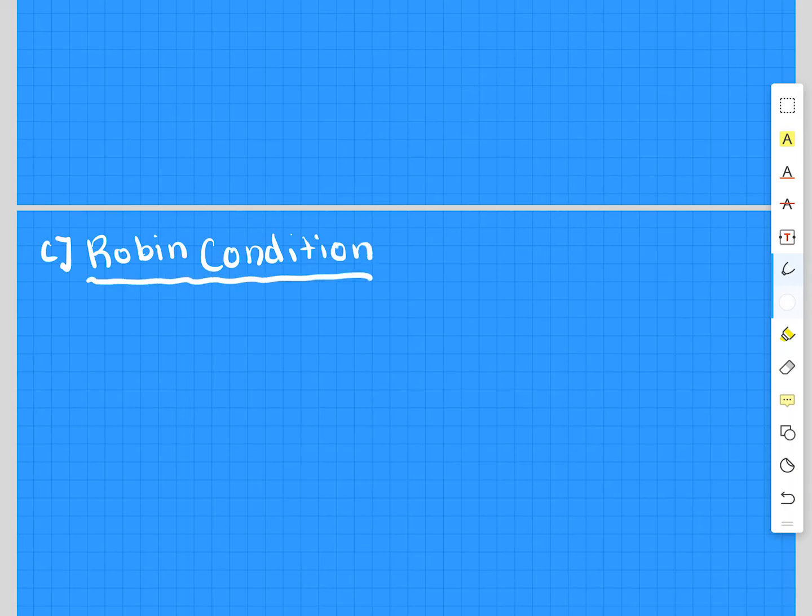So, when is this Robin condition used, and how is it different from the previous two that we had already mentioned? Well, a Robin condition is used when a boundary condition is in contact with a moving fluid.